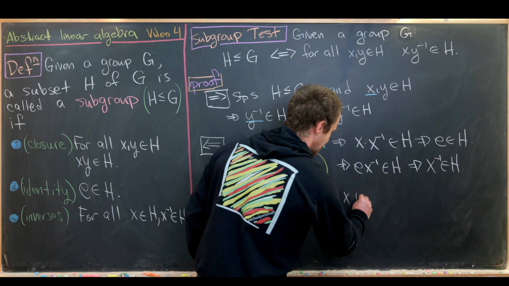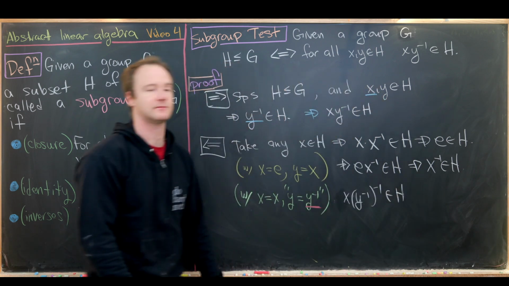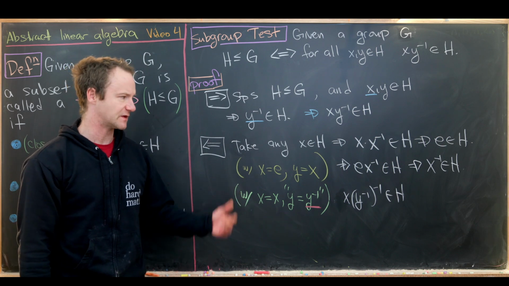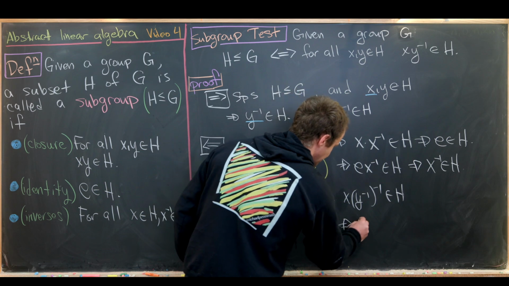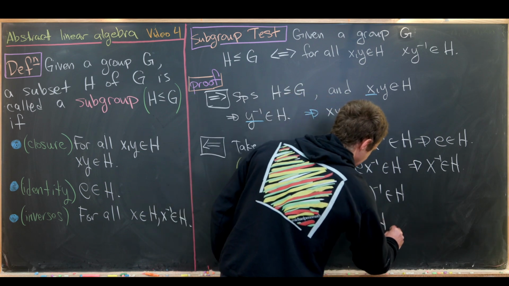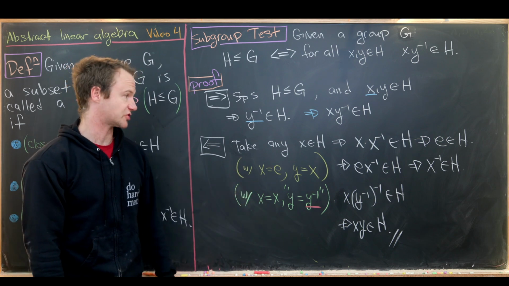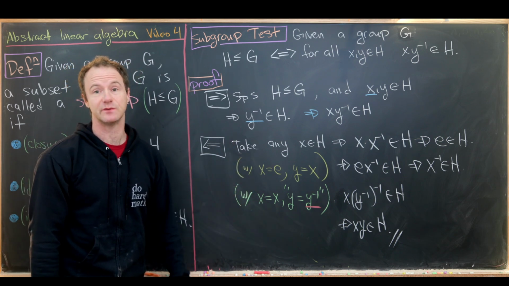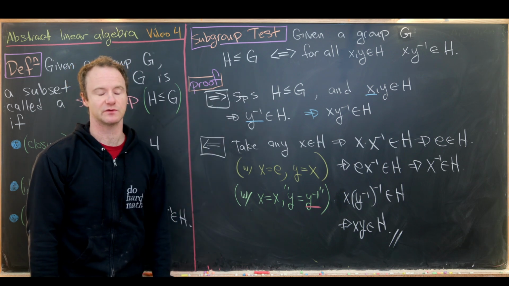That will tell us that x y inverse inverse is in H. But by something we showed in the previous video, y inverse inverse is just y, so we have x times y is in H, which means we have H is closed under the operation. So those are the 3 conditions that we needed for this to be a subgroup. So that finishes the proof of this subgroup test.